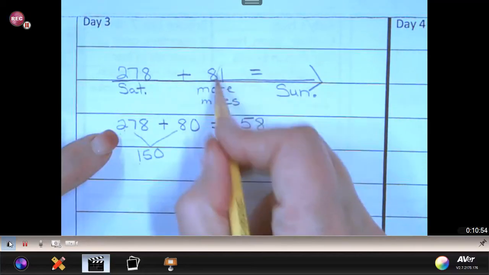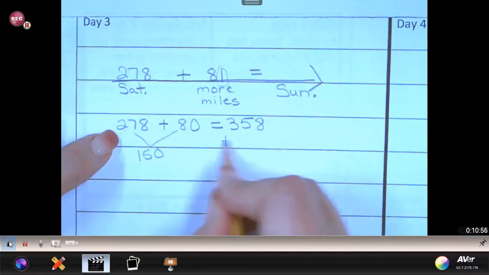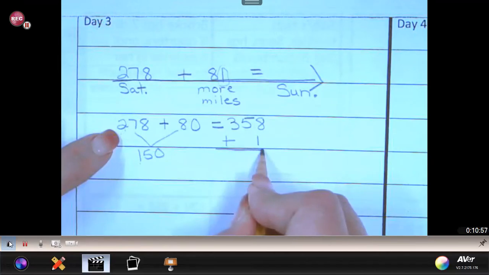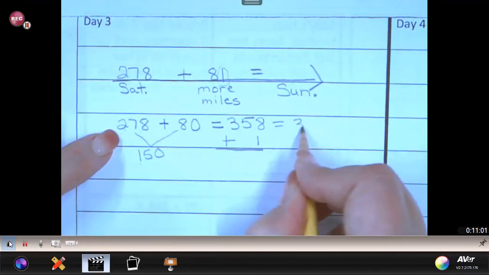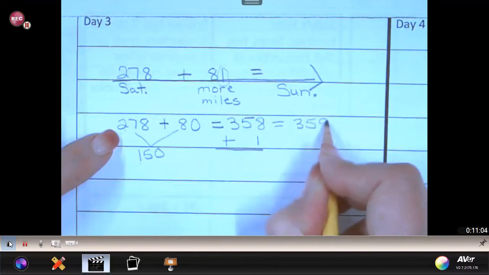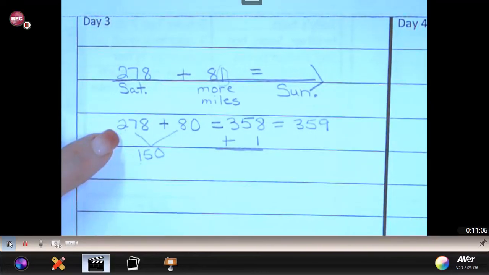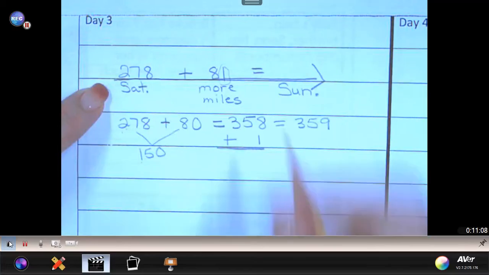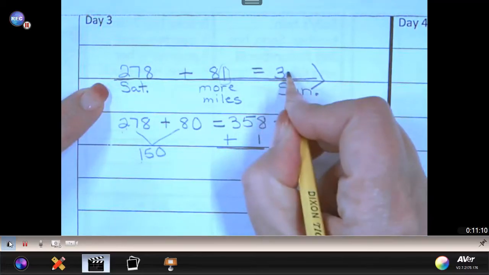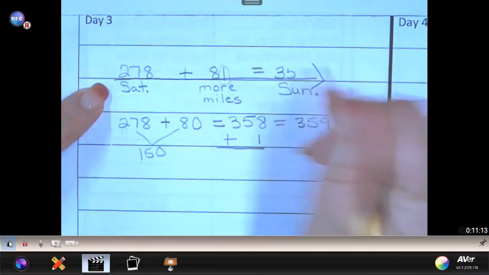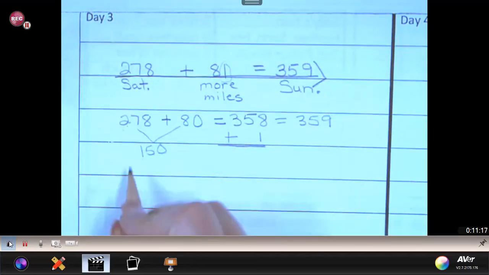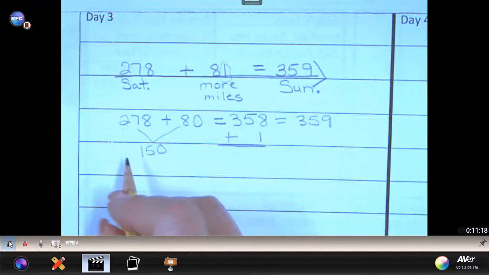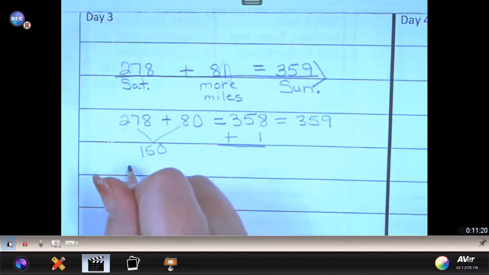Then we need to add on the one more, and that would give us 359 miles. So on Sunday, he would have traveled 359 miles.